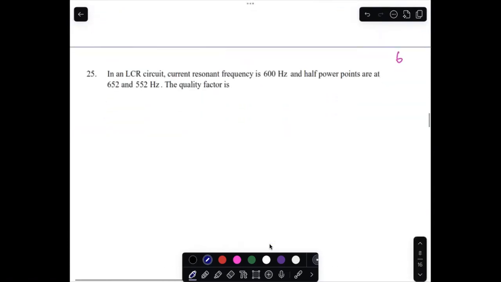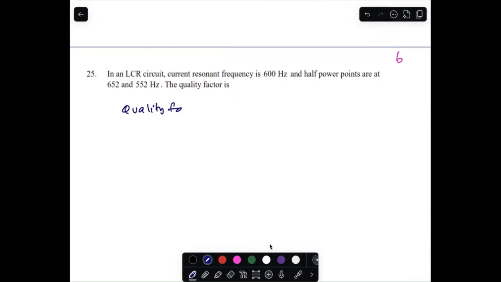In an LCR circuit, resonant frequency is 600 Hz and half power points are 652 Hz and 550 Hz. In this, if you know formula, it is done. You may ask, sir, it is out of syllabus. Wrong. It is out of syllabus in mains, not in advance. So what is the formula for quality factor?